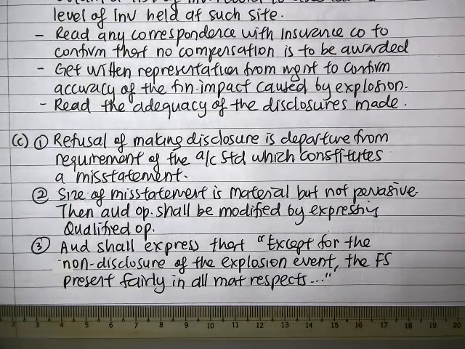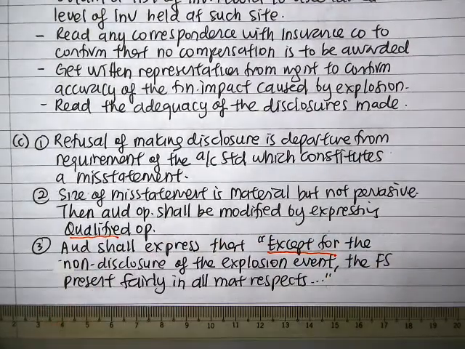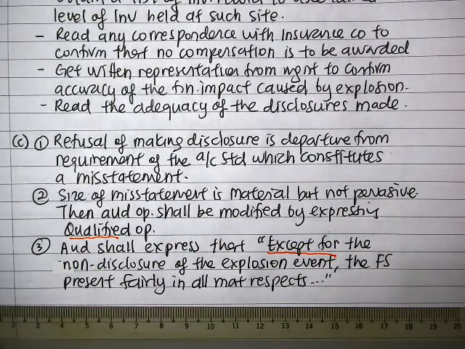Okay, now so the keyword is except for, because it's qualified, but then except for what? It's except for the non-disclosure that financial statement present fairly in all material respects. Okay, so that's part C.